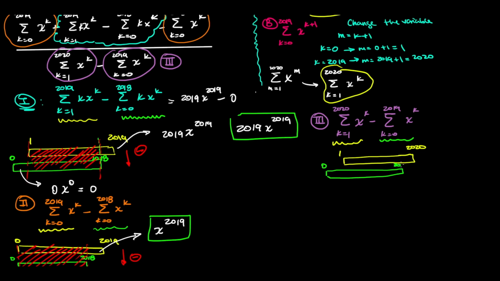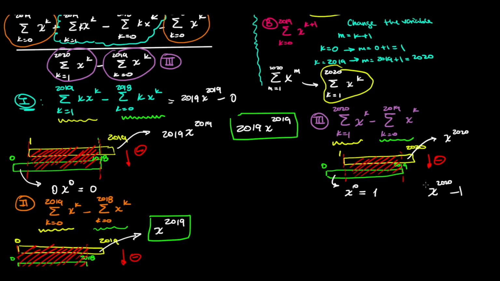And we are subtracting them. We have the same terms in these parts, so they cancel each other out. We just get the last term of the first summation, which is when k equals 2020, so there'll be x to the 2020. And on the second summation, we're just getting the first term, which is when k equals 0, so there'll be x to the 0, which is 1. So this would be x to the 2020 minus 1.